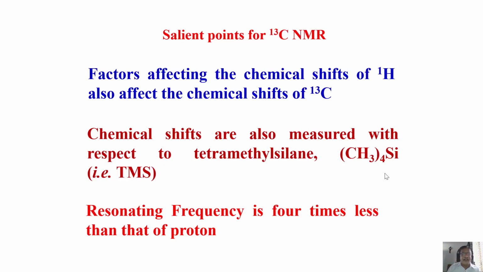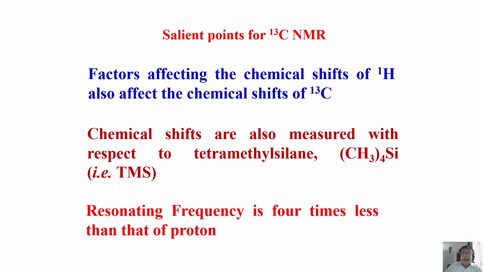Next question is, I told you when I used the reference as TMS, this TMS, tetramethylsilane, has carbons, protons, and silicon. As I said, there are 4 carbons, all chemically equivalent here. And I said, it's a very good reference for carbon 13 NMR. So the reference used for carbon 13 is again TMS, like what we use in proton.